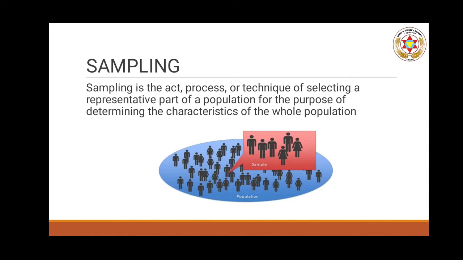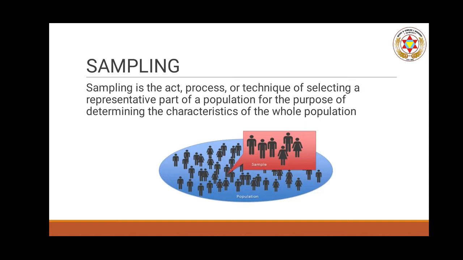So, a good sample must be representative of the population. It should have a fair amount of accuracy, and of course it should be adequate in size and must be reliable.